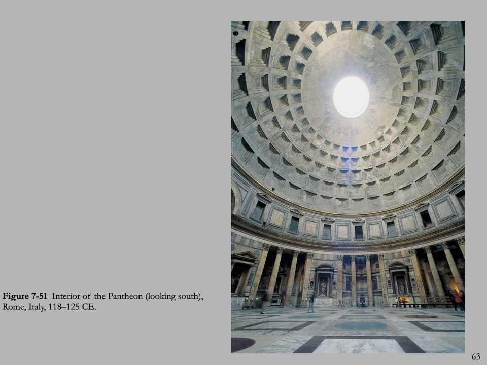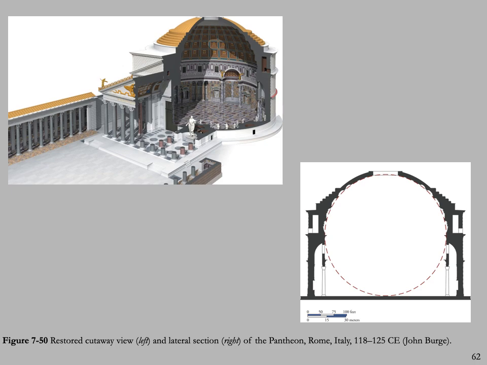Now, I'm going to go back one. We can see on the left side of the top image this colonnade, and then there's a porch underneath that, of course, that we talked about.